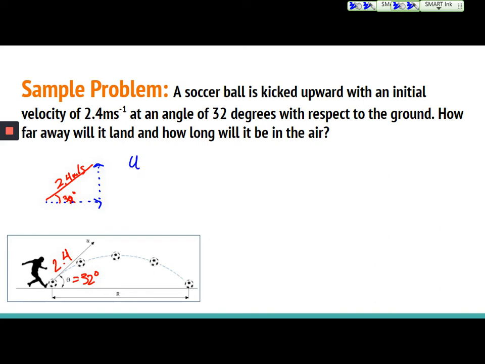So our horizontal, ux, is going to be the cosine because it's the adjacent, multiplied by our hypotenuse, and our uy is going to be the sine of 32 degrees multiplied by our hypotenuse. Again, drawing it out is going to help you figure out which one's sine and which one's cosine the best. Those are u's.